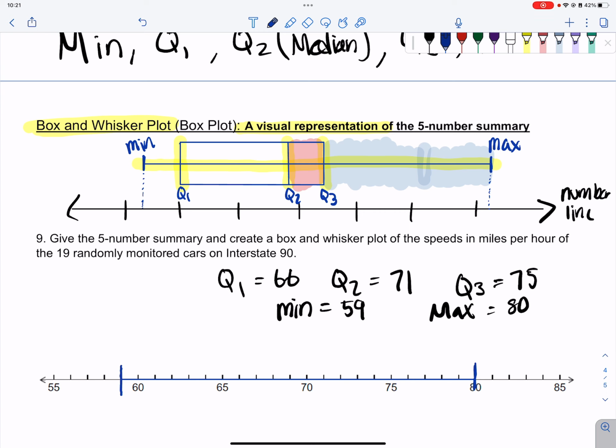And now I'm going to draw in the box, which has the left edge at Q1, which we have being 66. So I'm going to draw a taller line at 66 for my left edge of the box. And then the right edge of the box is at Q3, and that is at 75. And I can connect these together to create a box.